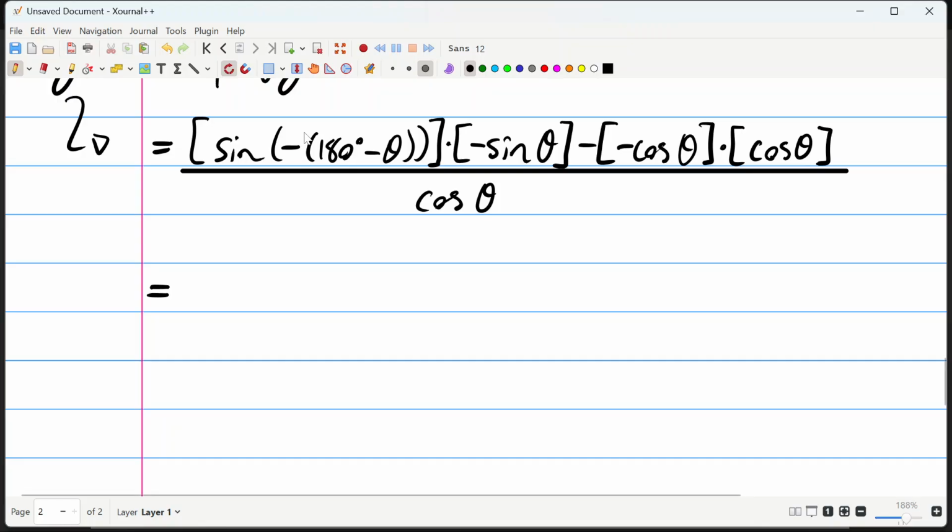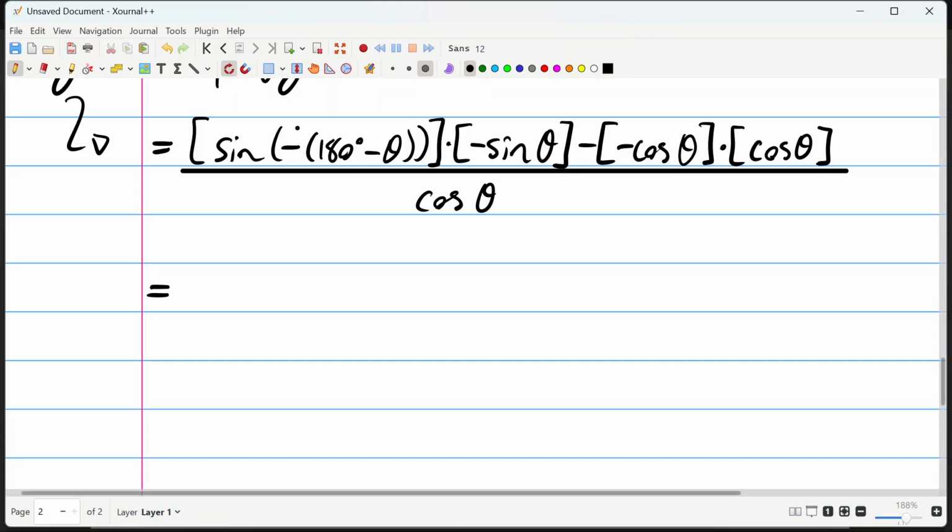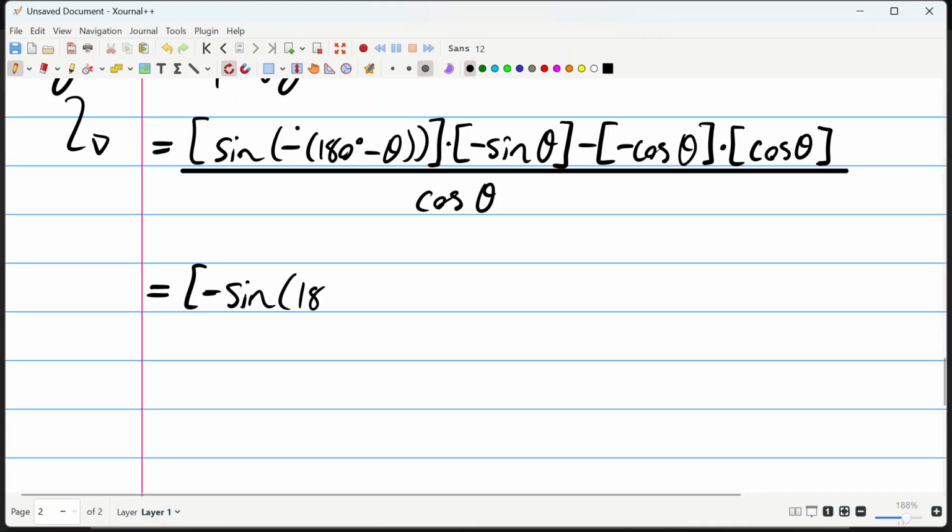If we remember the theory behind that, cos is the only positive one when something is being negated, and it doesn't affect cos. But sine and tan, however, are affected, meaning this is just going to be a negative. So negative sine of 180 degrees minus theta. Notice how we just got rid of this negative. So now we can make things much easier to read, okay?